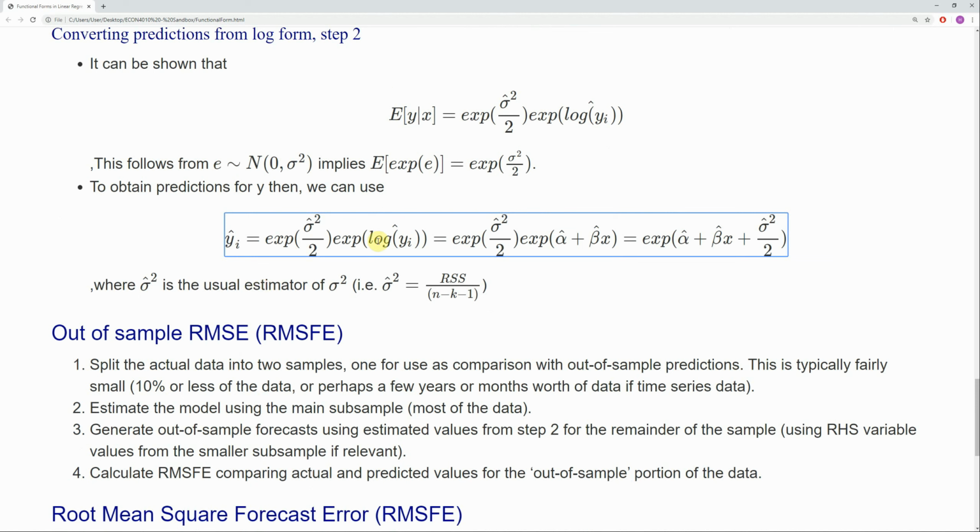So as we said, we estimate alpha hat and beta hat, and for sigma hat squared, we need to find the residual sum of squares of our model divided by degrees of freedom. Pretty easy.